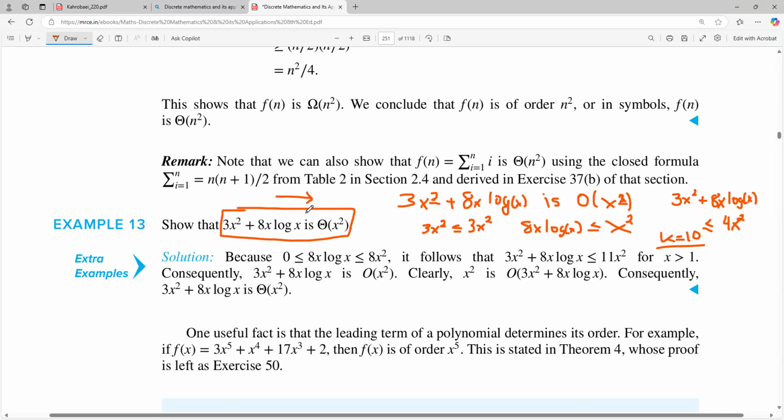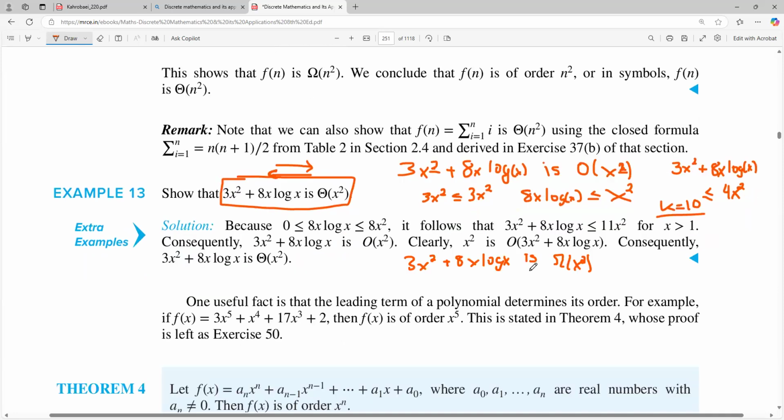We want to prove the second direction, that this is also the case. We want to prove that 3x squared plus 8x log x is also big omega of x squared.